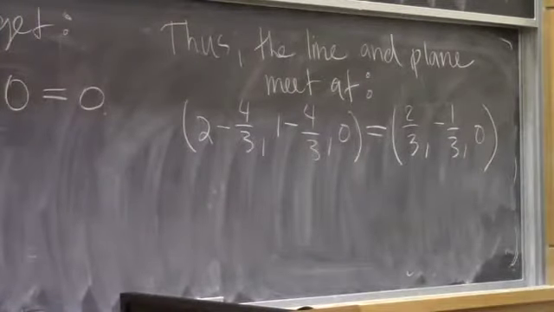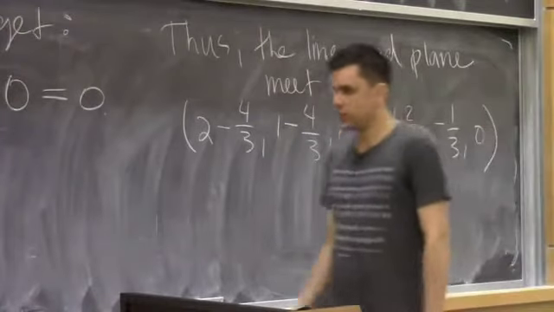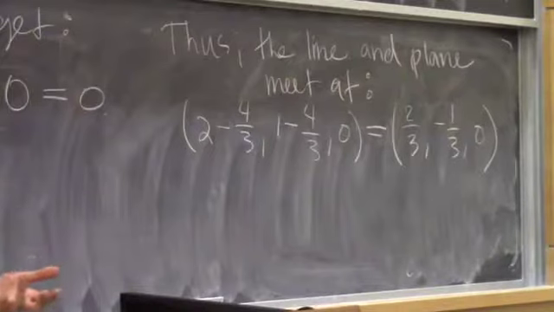Okay, so they meet there. Any questions about that solution? Right, so once we get the coordinates of the line, we can put them into the equation for the plane and see if they match. Okay, very good. So that's what I wanted to say in terms of new examples.